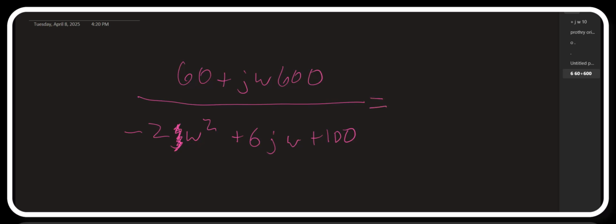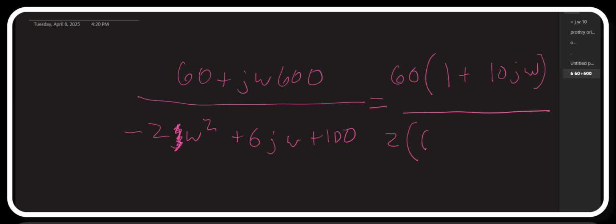So that equals, if I factor out a 60, I get 1 plus j omega plus 10 j omega over, and if I factor out a 2, I have a 200.